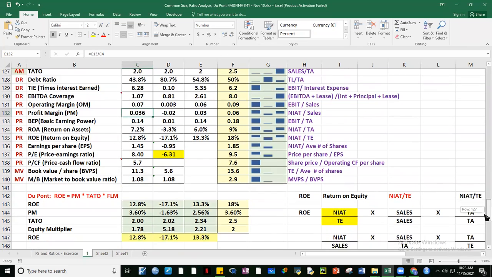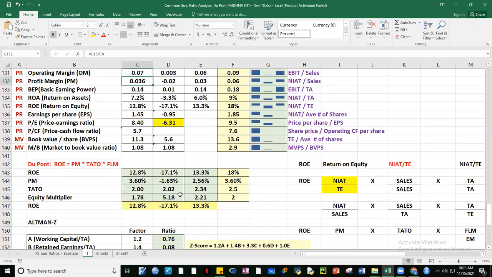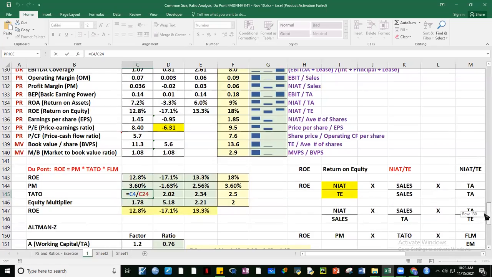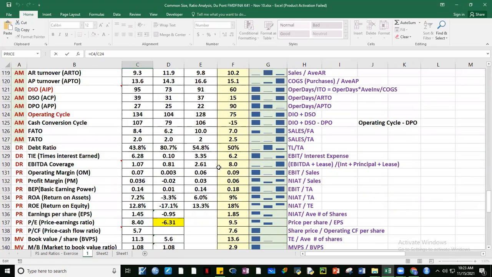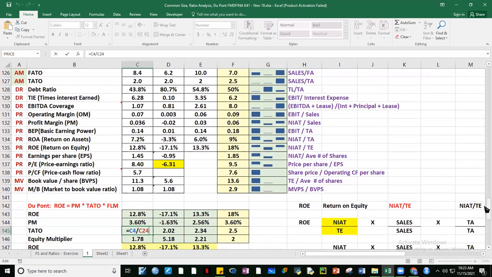So just using the formula we have already done above, that's net income after tax divided by sales. Now TATO, we also already have this, right, guys? That's your sales over total assets, which should be the same as this one. Sales over total assets, that's 2.